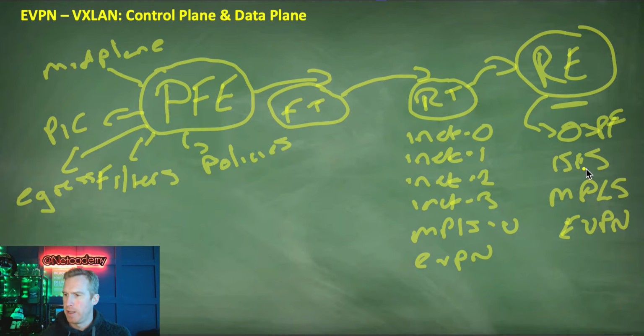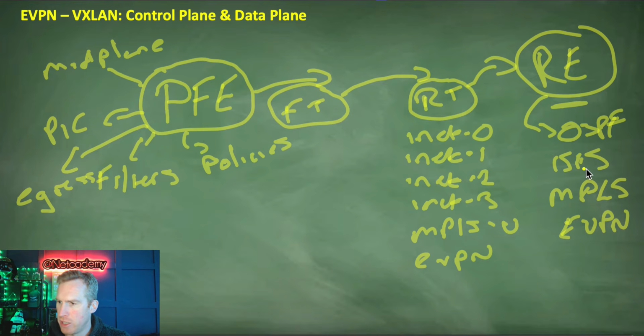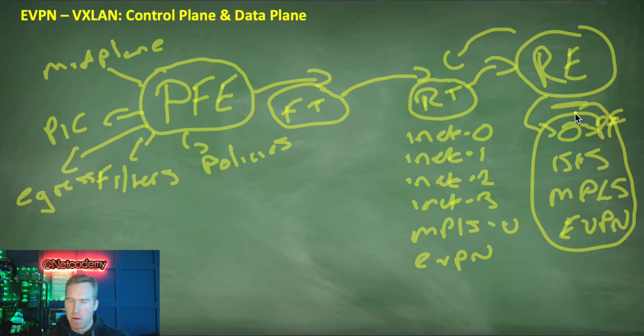In summary, the routing engine running all those protocols is feeding into the routing table all the possible routes to get to a destination, and the best cost to get there. Obviously, each of these protocols has different algorithms, different ways of understanding the network, the topology, and the cost to get there.